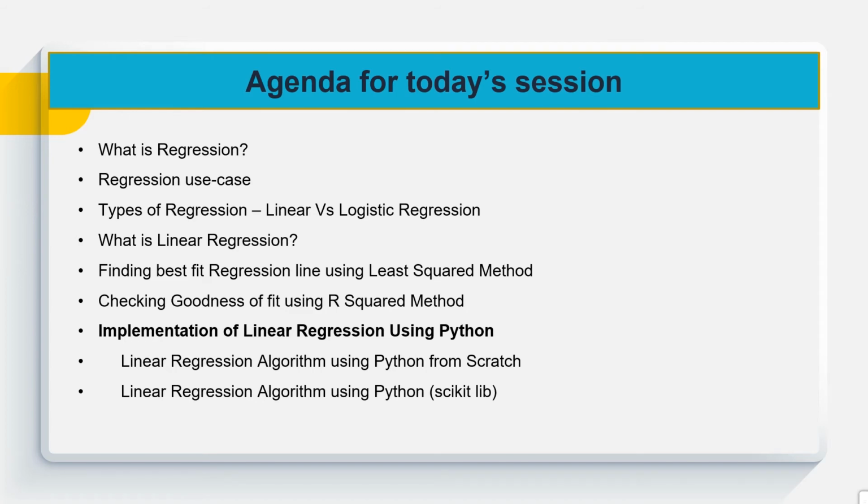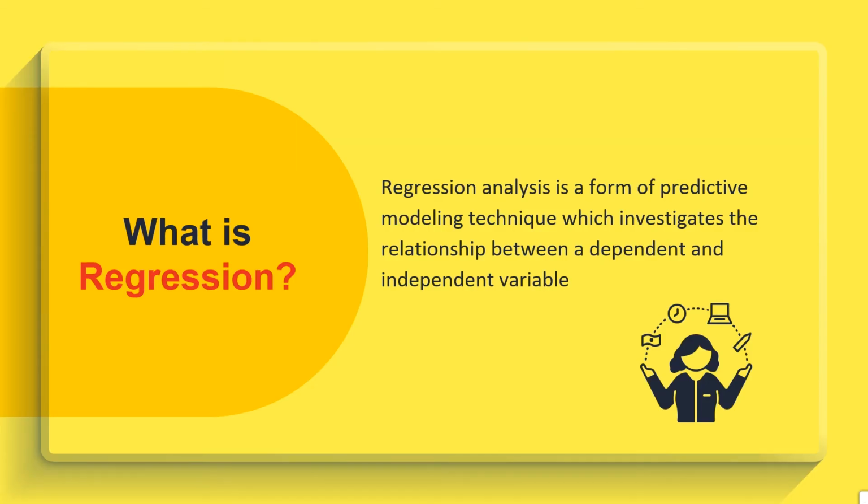So let's begin our session with what is regression. Well, regression analysis is a form of predictive modeling technique which investigates the relationship between a dependent and independent variable. A regression analysis involves graphing a line over a set of data points that most closely fits the overall shape of the data.